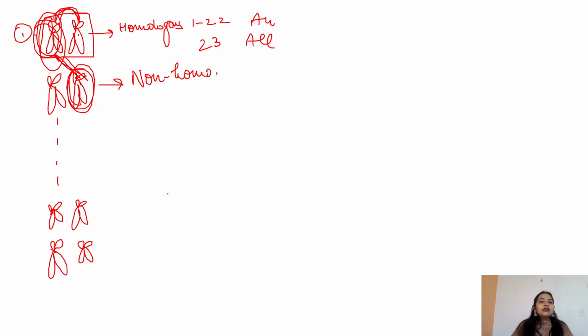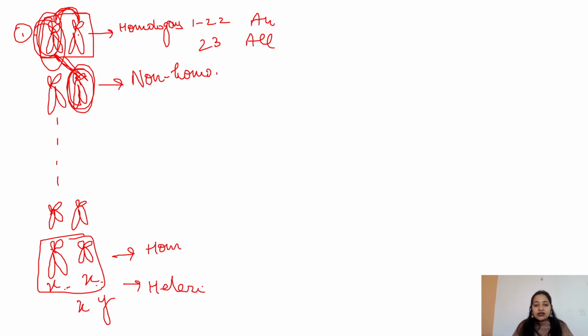Now, coming to the last pair, the 23rd pair, if they are X and X, both the chromosomes are from one pair, and they are also the same, X and X, so they are homologous chromosomes. But if we have X and Y, that means they are heterologous chromosomes. Now you will be thinking, why not homologous? They are chromosomes from one pair.